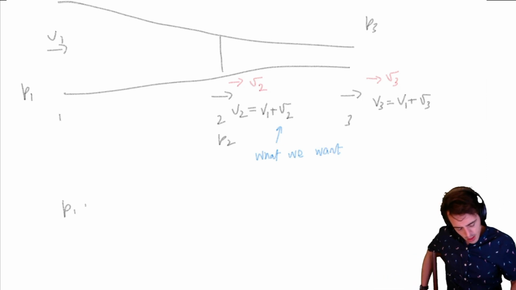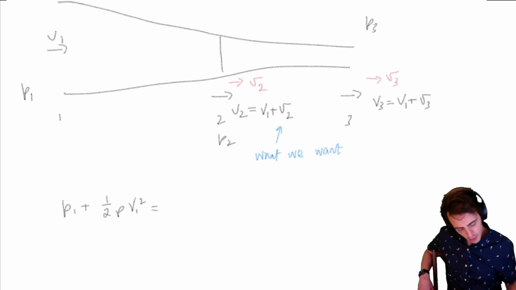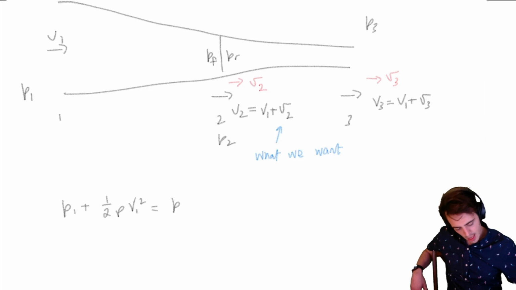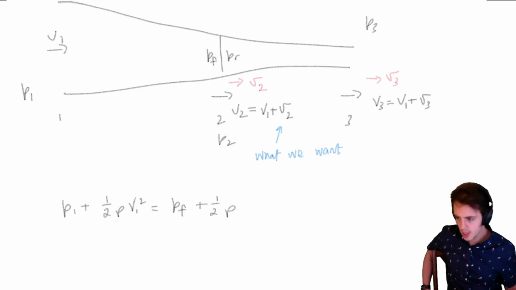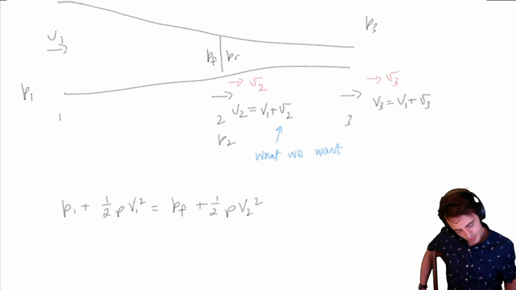But P1 plus a half rho V1 squared, so that's our upstream version, is equal to our pressure at 2. So remember here we've got the pressure on the front side and the pressure on the rear side. So it's the pressure on the front side that we want now. So it's PF plus a half rho, and the velocity that we need is V2 squared.